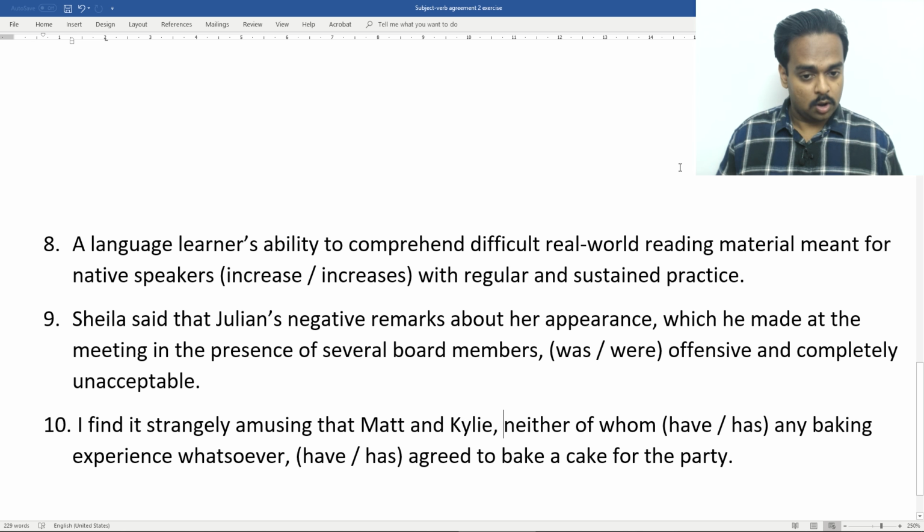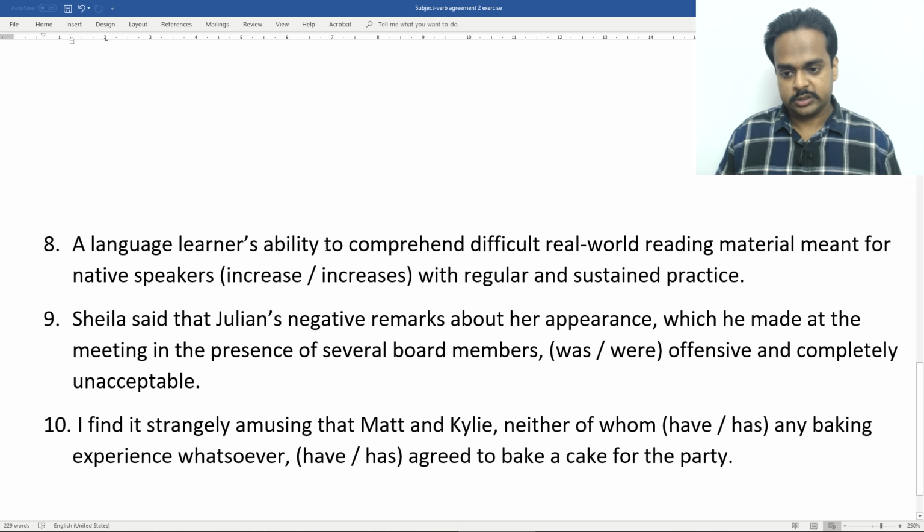That's a relative clause: reading material which is meant for native speakers. Now, even though this is a relative clause, it doesn't tell you anything about the subject of the sentence. This relative clause gives you information about reading material. So this clause is actually within the prepositional phrase.